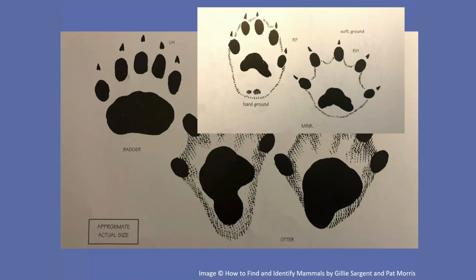So you wouldn't necessarily get that webbing as obvious. You would just get, as per the others, your prints and then this very typical of our smaller mustelid print. The base print is that sort of more horseshoe shape when we're looking at the mink.